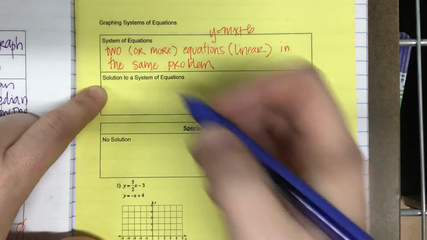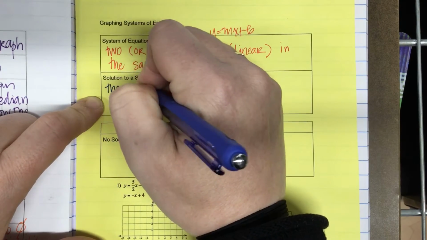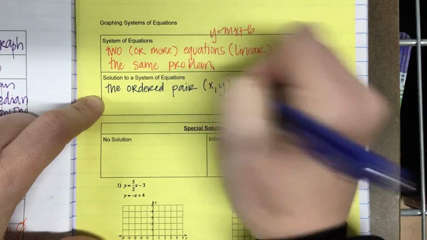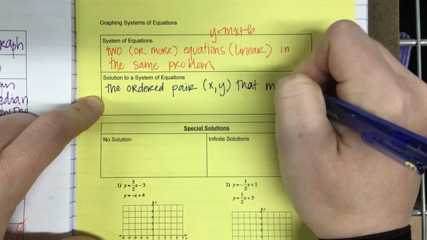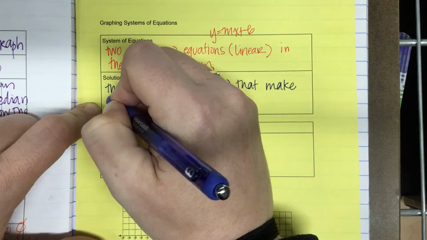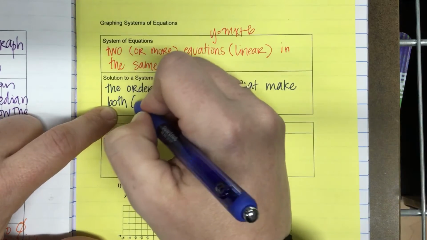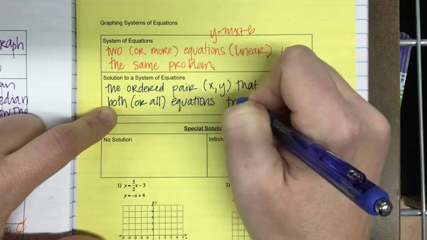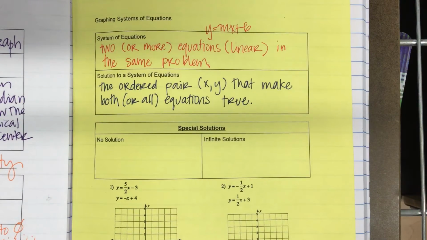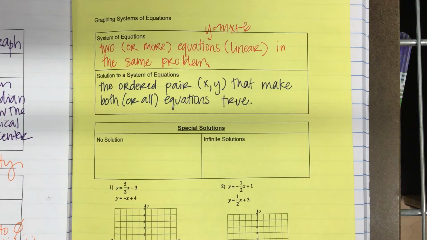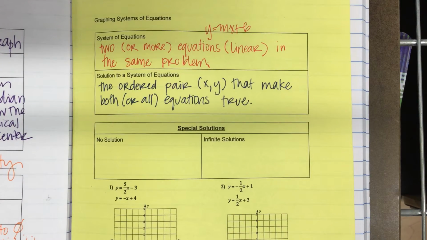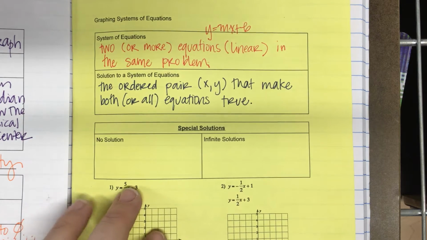So today we're on a graph, so it's going to be the ordered pair, x comma y, that makes both, since there are two, or all, equations true. So it's going to be an ordered pair. It's going to be an x comma y, and you can take that x value and that y value and substitute them into the equation, and it will work for both lines, right? So it's going to be true for both of them.